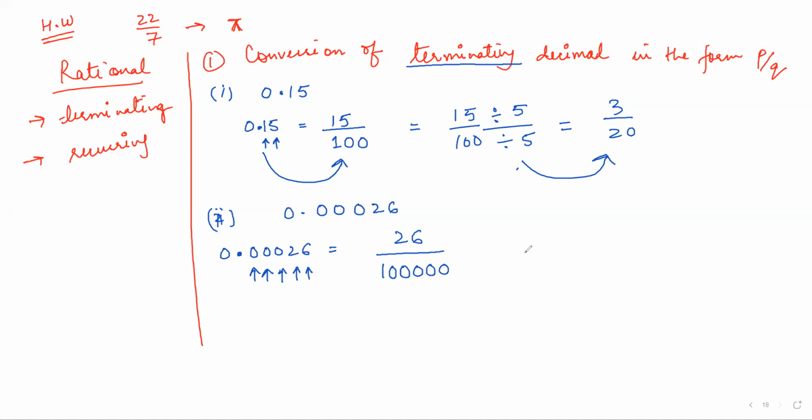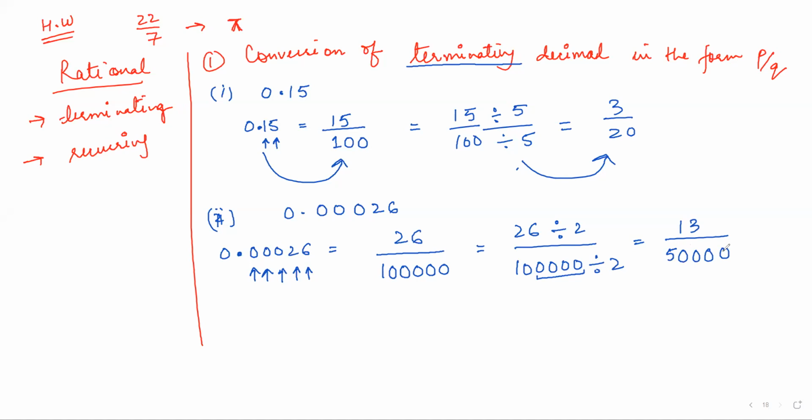Now I want to reduce it to the simplest form because both are even numbers. Numerator is also even, denominator is also even, right? So I can divide both by 2. 26 divided by 2 is 13, and the denominator 100000 divided by 2 becomes 50000. Can it be further divided?